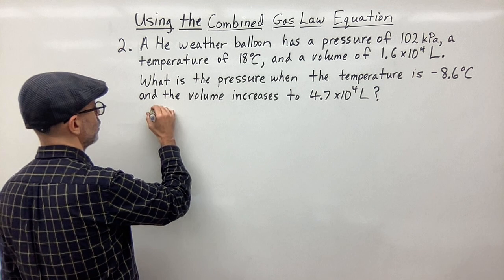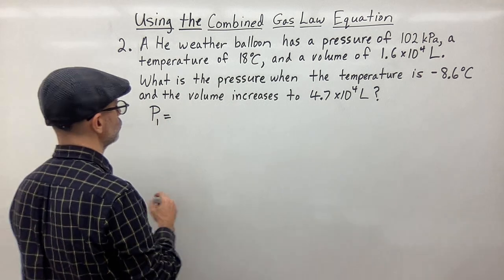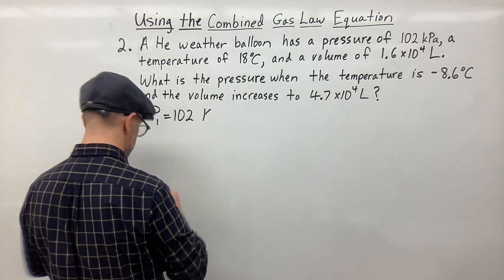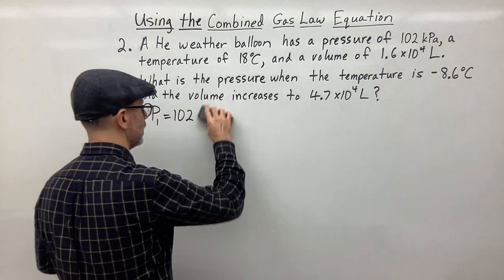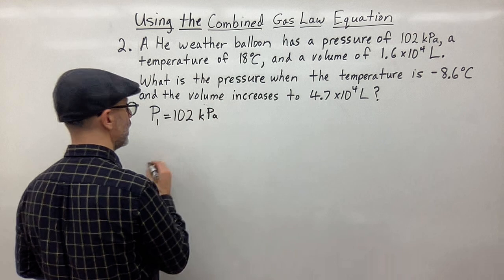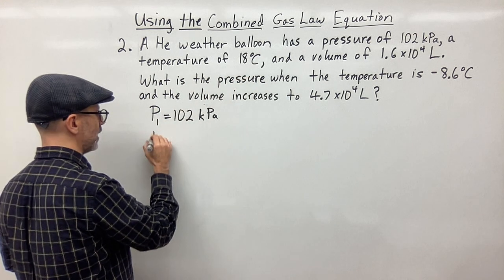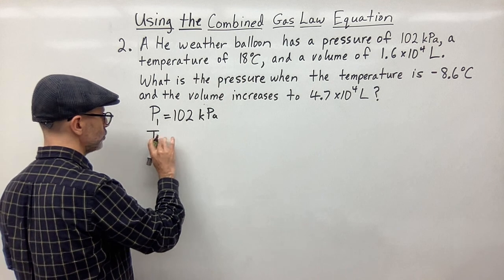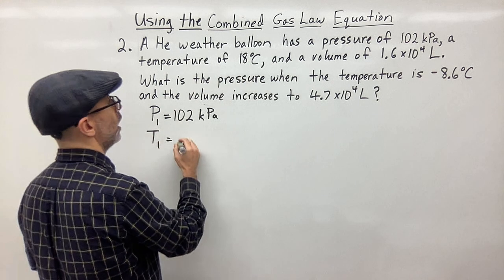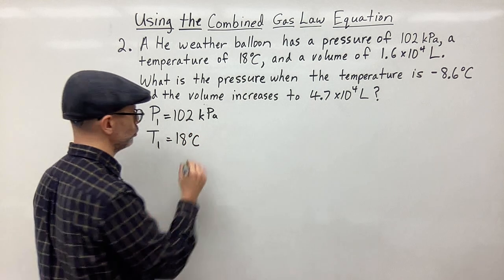That's what we're starting with, so P1 is equal to 102 kilopascals. And we're told there's a temperature of 18 degrees, which is the initial temperature. Temperature 1, not I, is equal to 18 degrees Celsius, but we've got to convert that to Kelvin, so we'll do that right away.